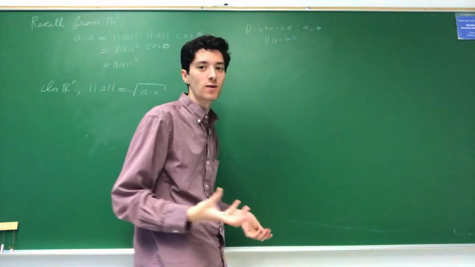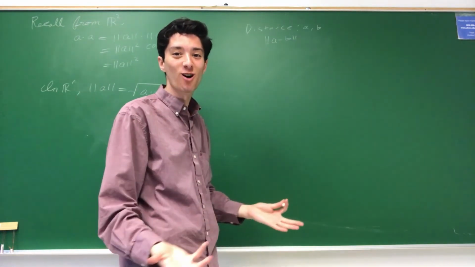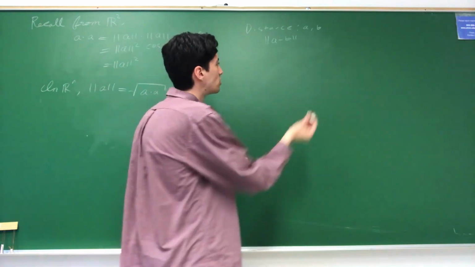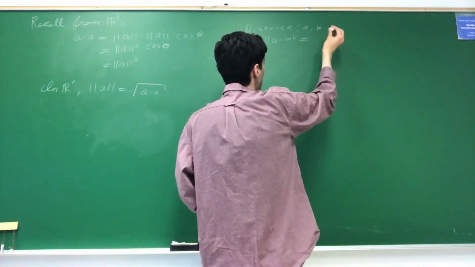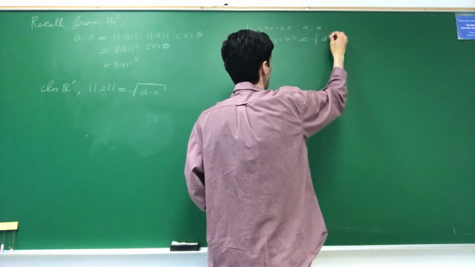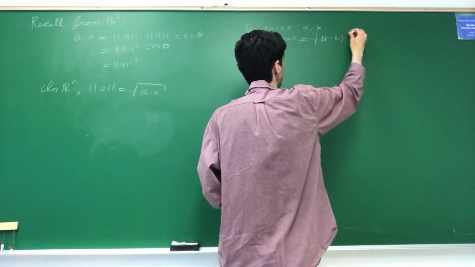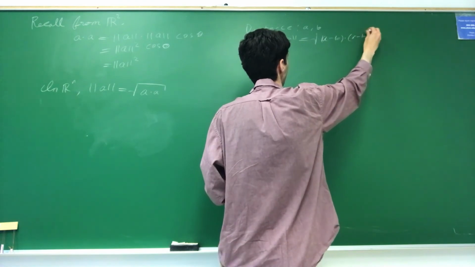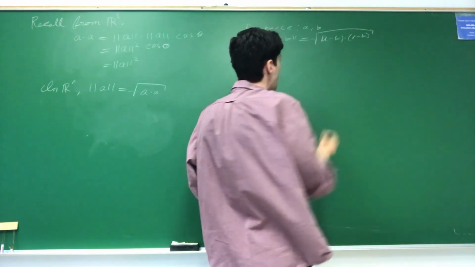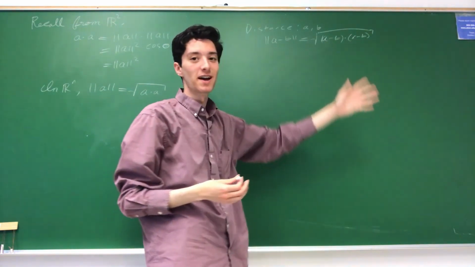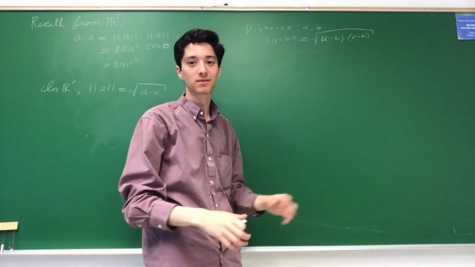Therefore, the distance between 2 vectors in Rn will be the norm of this. So it'll be equal to the square root of the dot product of A minus B and itself. And so now we have a definition of distance that works for vectors in any n-dimensional space.